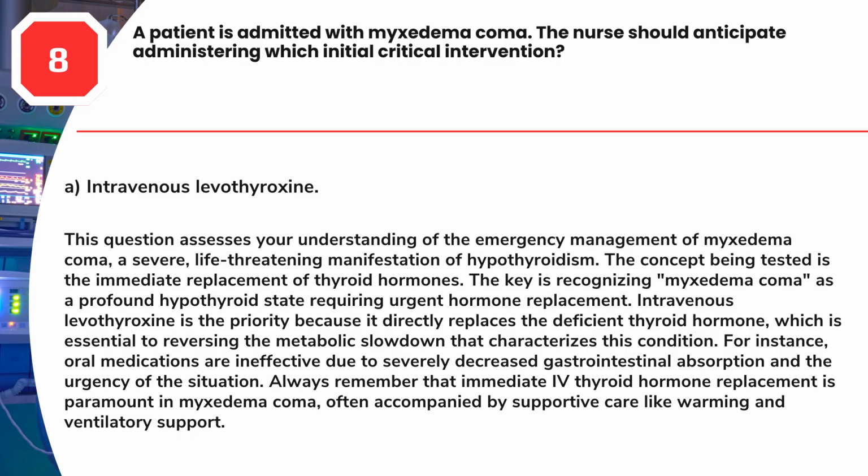Intravenous levothyroxine is the priority because it directly replaces the deficient thyroid hormone, which is essential to reversing the metabolic slowdown that characterizes this condition. For instance, oral medications are ineffective due to severely decreased gastrointestinal absorption and the urgency of the situation. Always remember that immediate thyroid hormone replacement is paramount in myxedema coma, often accompanied by supportive care like warming and ventilatory support.